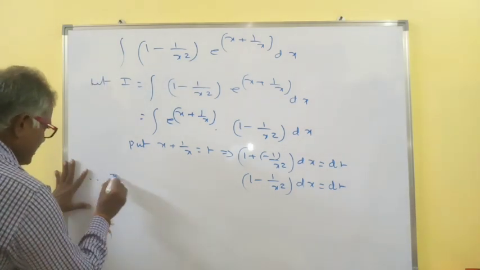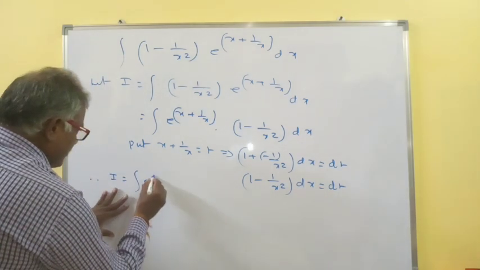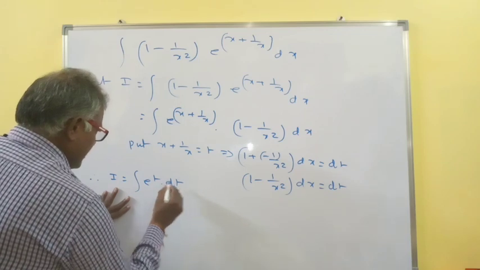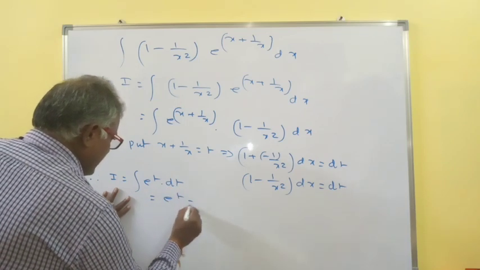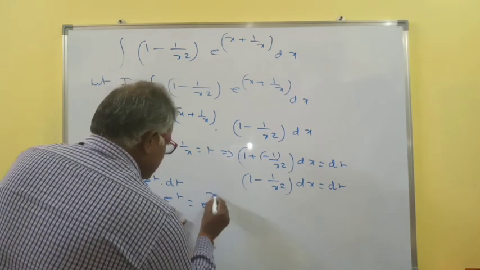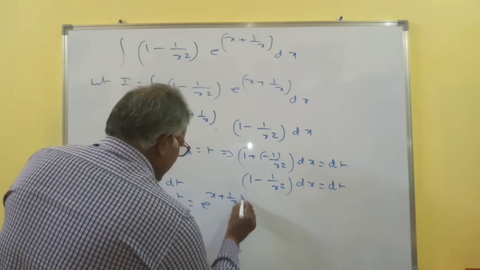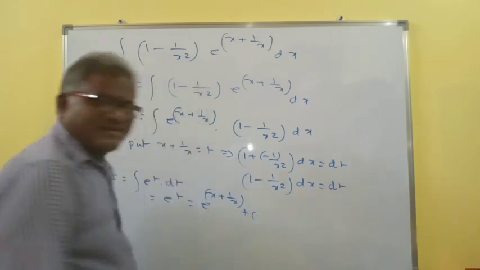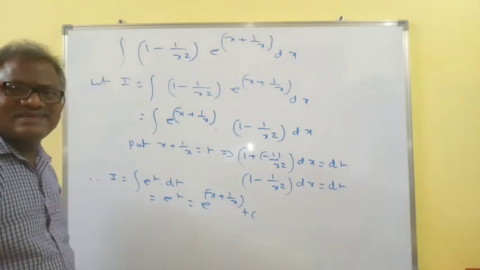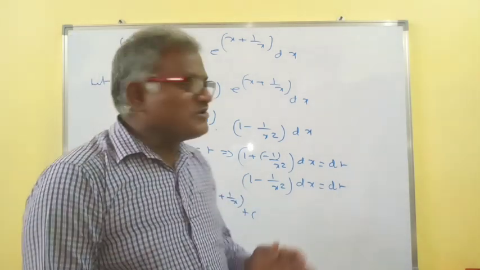Therefore, I is equal to the integral of e power t dt, which is e power t. T means x plus 1 by x. That's all. Simple one.